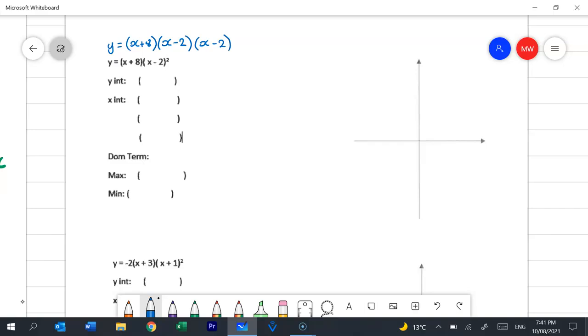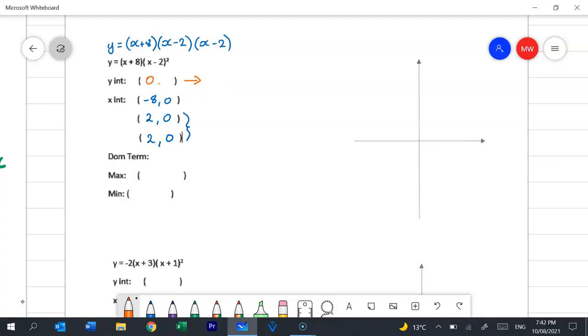So really here our x-intercepts are at when x is -8, y will be nothing. When x is 2, y will be nothing. When x is 2, y will be nothing. You might notice that 2 of these are the same, and we'll get to that in just a second. The y-intercept, same deal. To do this one, what we'll do is we'll say, all right, what's y when x is nothing this time, isn't it?